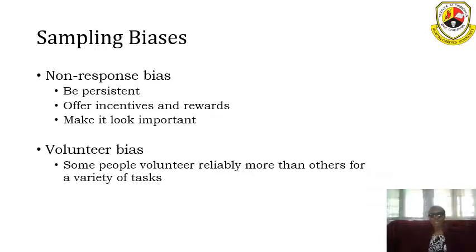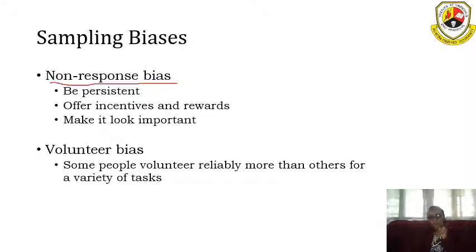Now, in sampling, there can be biases. What is one of the biases, or one of the challenges, with sampling? One is non-response bias. Now, this is one of the challenges when it comes to survey research.